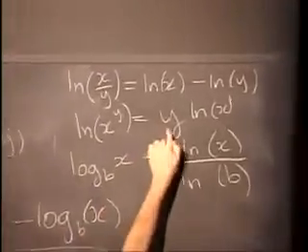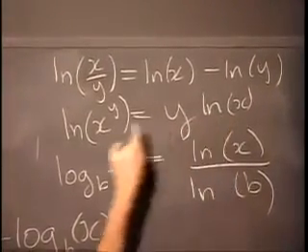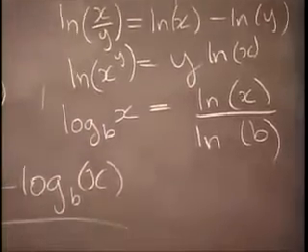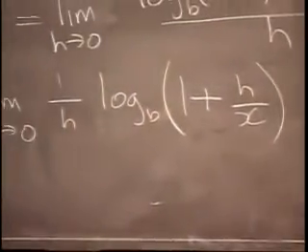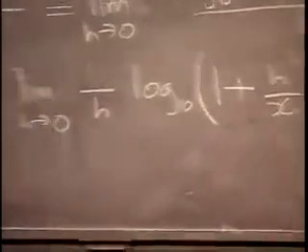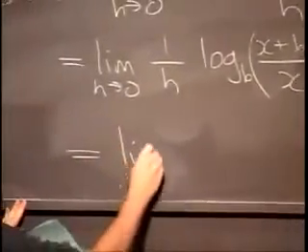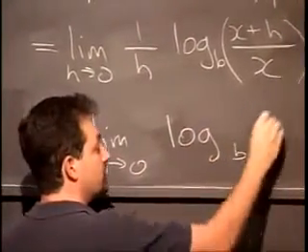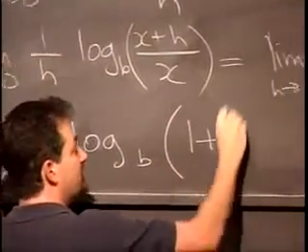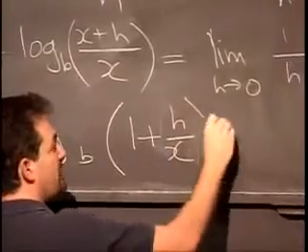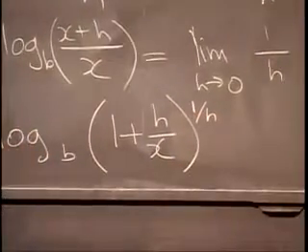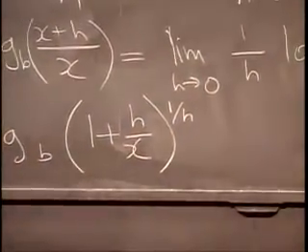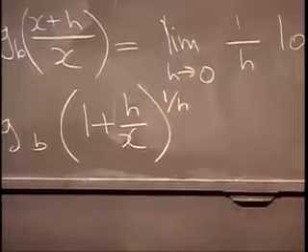I have something times log x, so I'm going to write it as log x to that power. Here it is, log of blah. This has got to be equal to log of 1 plus h over x to the power 1 over h. See, this factor out the front jumped up and became the exponent.